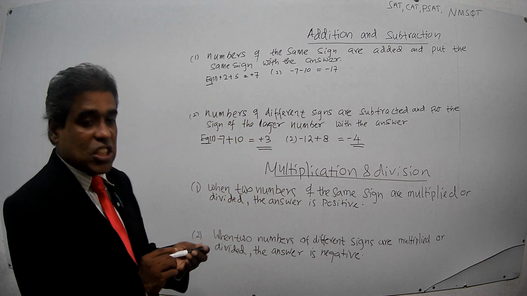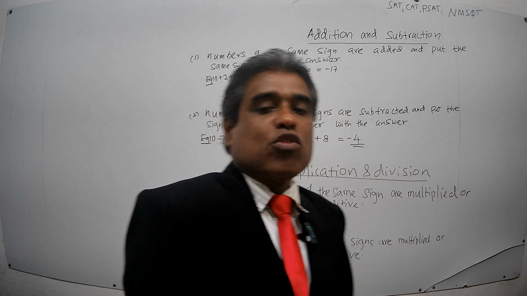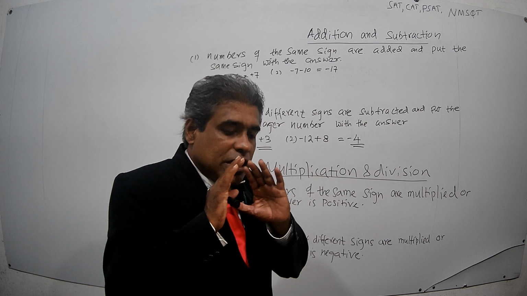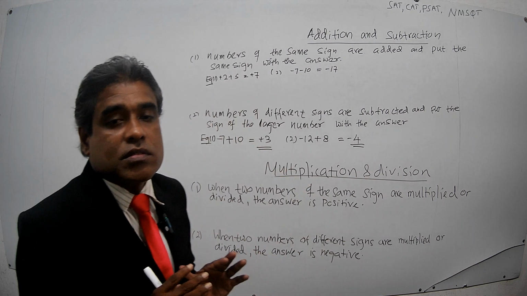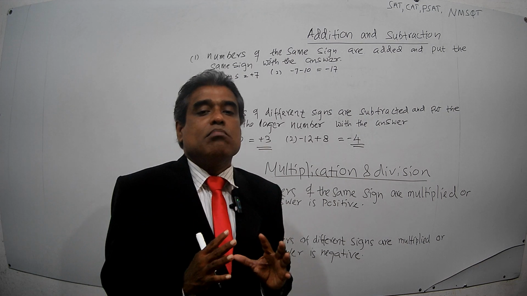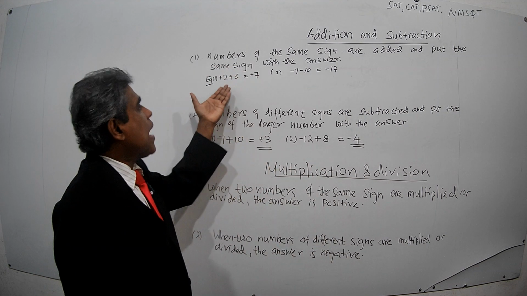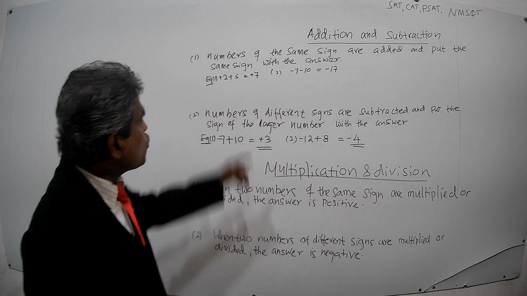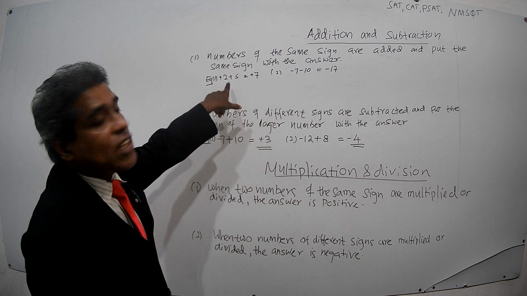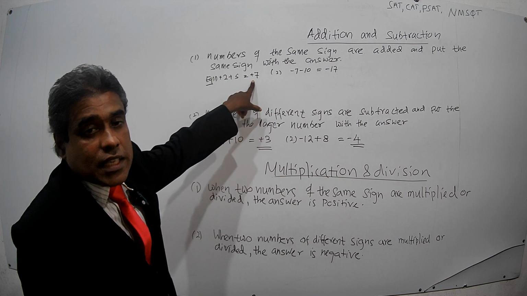As far as addition and subtraction of directed numbers are concerned, there are two rules. One rule applies when the two numbers have the same sign. When the two numbers have the same sign, you add the two numbers and put the same sign as in the two numbers given.